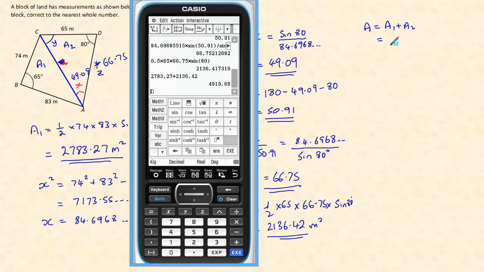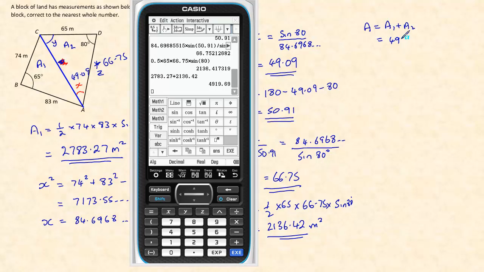So I'm going to give that as 4919.7, going to 1 decimal place, as the other two are to 2 decimal places, and I've rounded those, so this should be accurate to 1 decimal place.